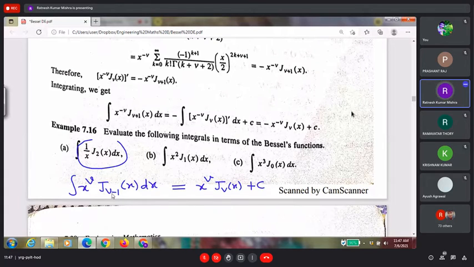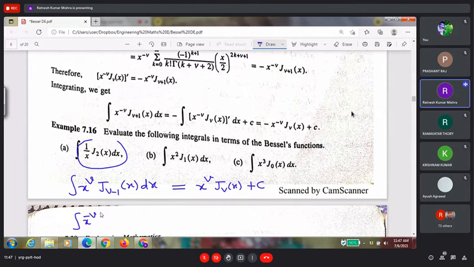Number 1 is this. Number 2, the next formula is the integral of x to the power minus v Jv plus 1 of x dx equals minus x to the power minus v Jv plus 1 of x.